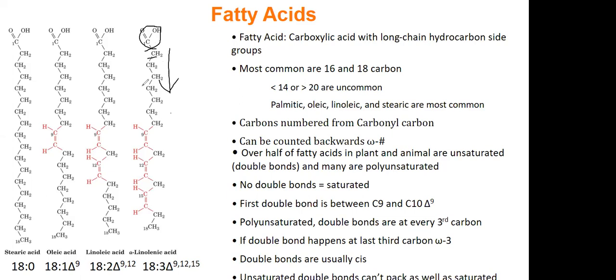Most fatty acids you'll find in biological systems are 16 and 18 carbons long. Anything less than 14 is going to be uncommon. Anything greater than 20 is going to be uncommon. We do have those, though. They're just rarer than a 16 or 18 long fatty acid.